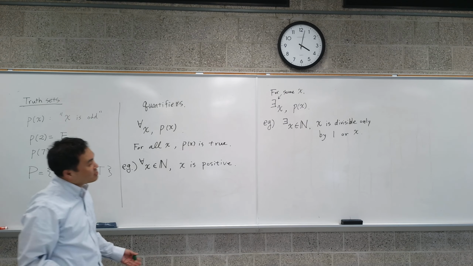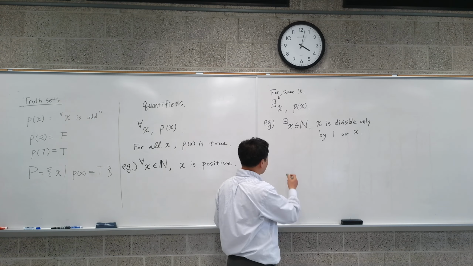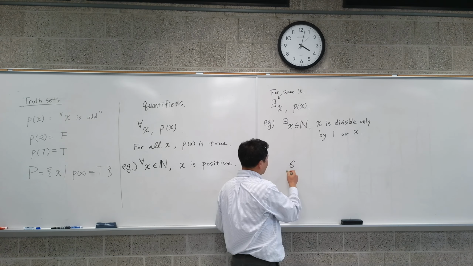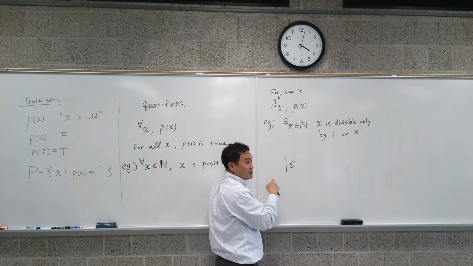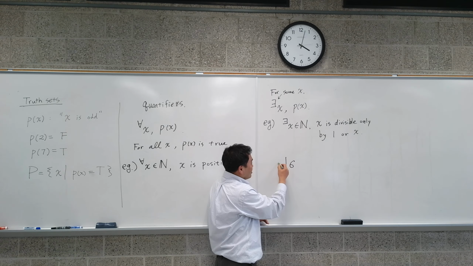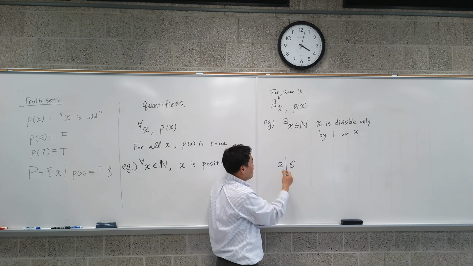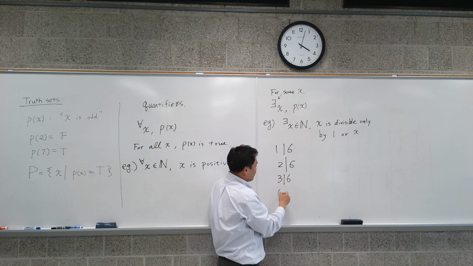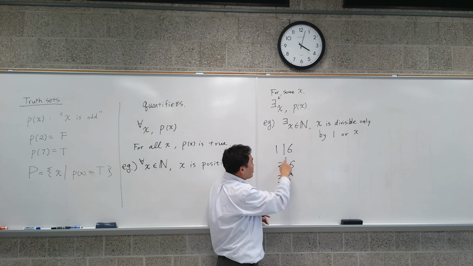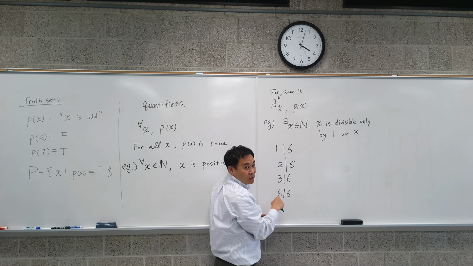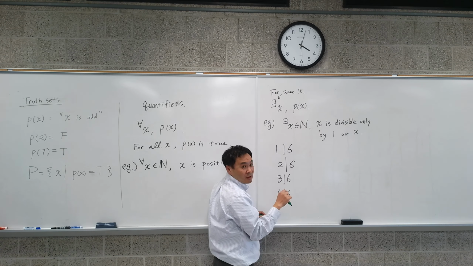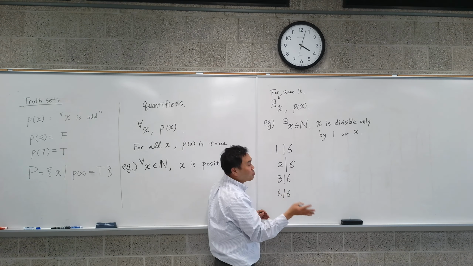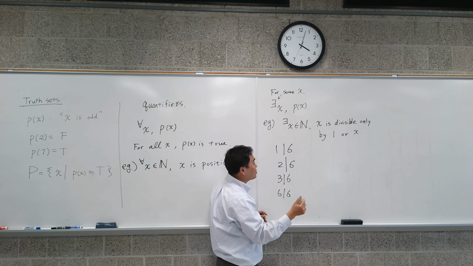So for example, 6 is not that. 6 is divisible by, and for convenience, the notation for divisible is like this. So this means 2 divides 6, okay? So 6 is divisible by 1, divisible by 2, 3, and itself. But any number is divisible by 1 and itself, right? So can you think of a number which is divisible only by 1 and itself? 1 is one example. 7 is another example, right?